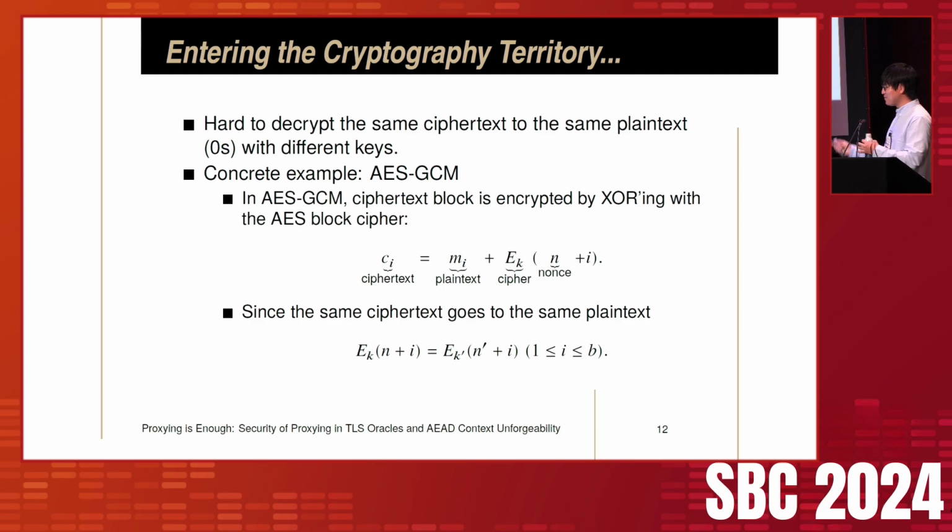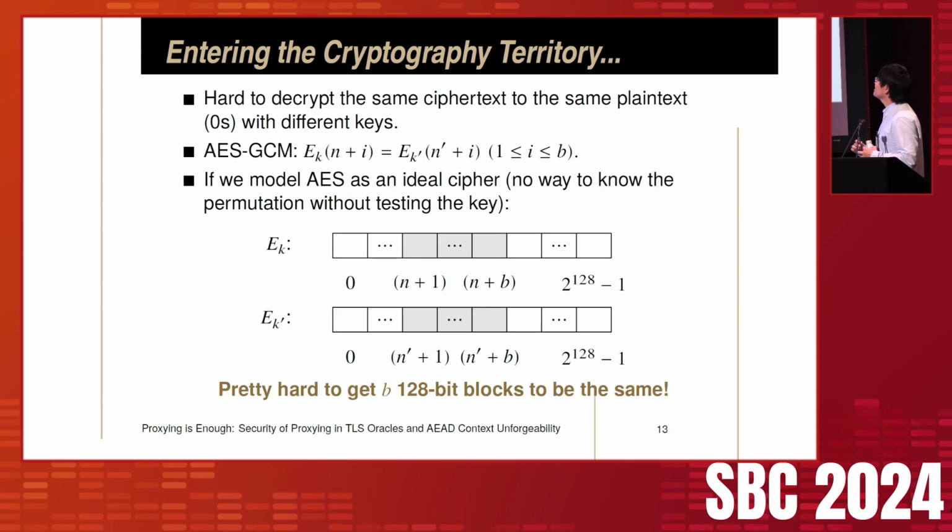This is not actually for one block. It's actually for the padding amount of blocks, B blocks here, because we're going to decrypt them to all zeros with different keys and nonces. Now, if we model AES as an ideal cipher, since no one knows how to break AES, apparently. The definition of an ideal cipher is that there's no way to know the permutation without testing the key themselves.